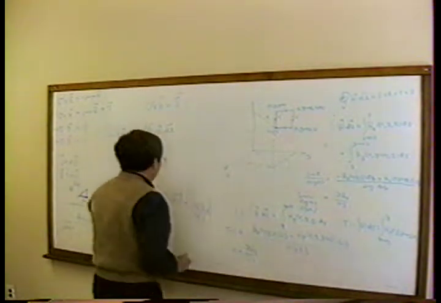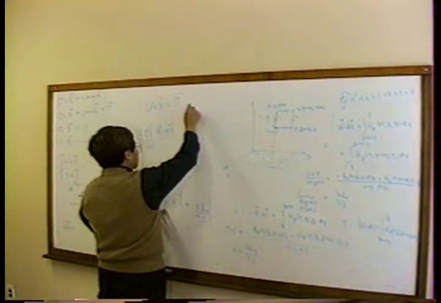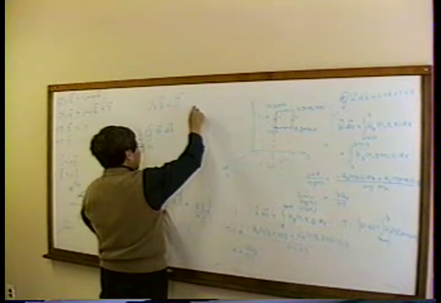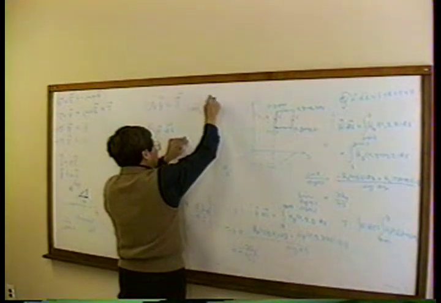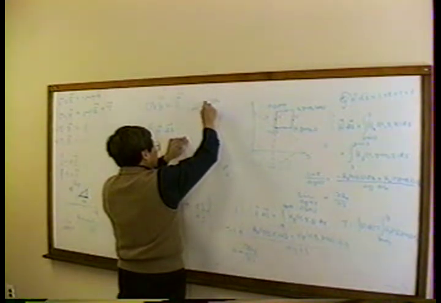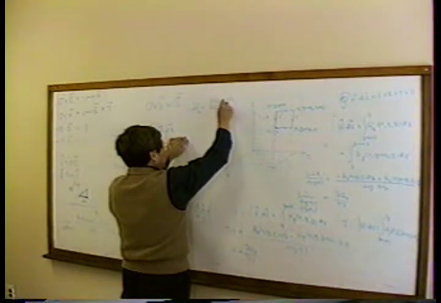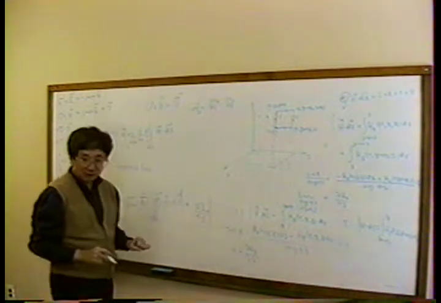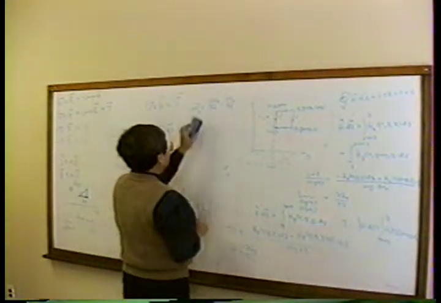So therefore, del cross H, the x component is equal to partial dHy dz minus dHz dy. You got it backwards. I've got it backwards.